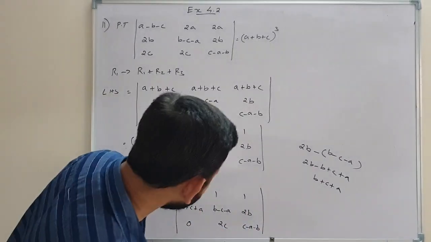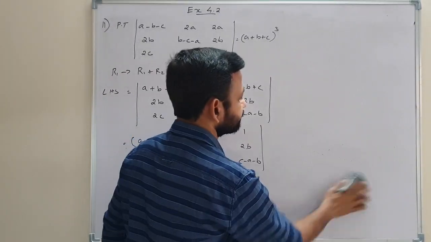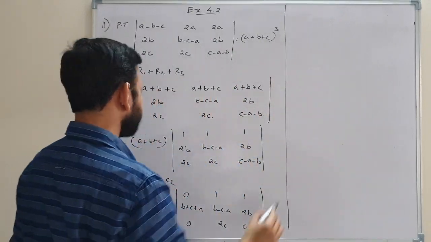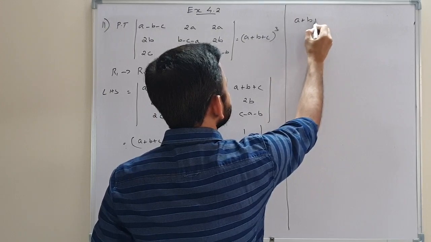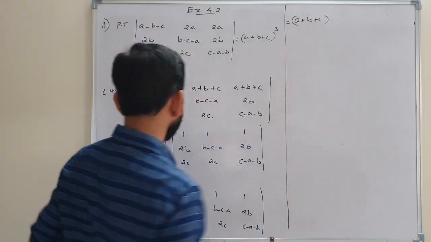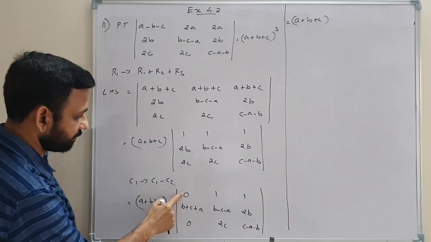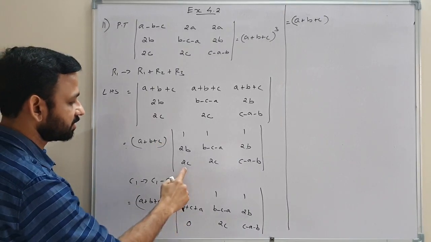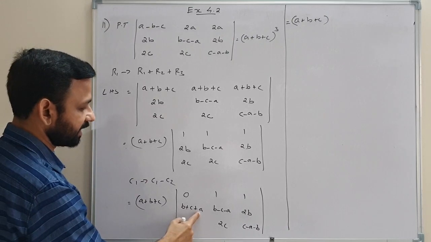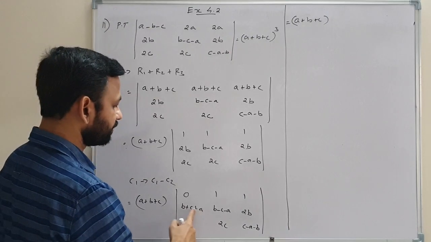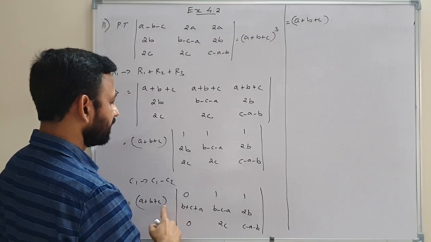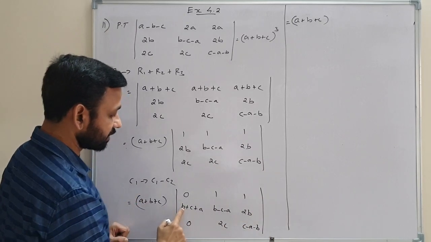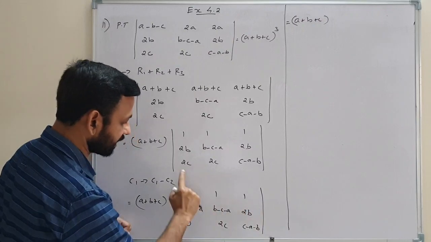Now we can reduce it into 2 by 2. A plus b plus c common. And here we can expand by using the first column, so 2 zeros are there. So b plus c plus a into the determinant obtained by deleting the corresponding row and the corresponding column.